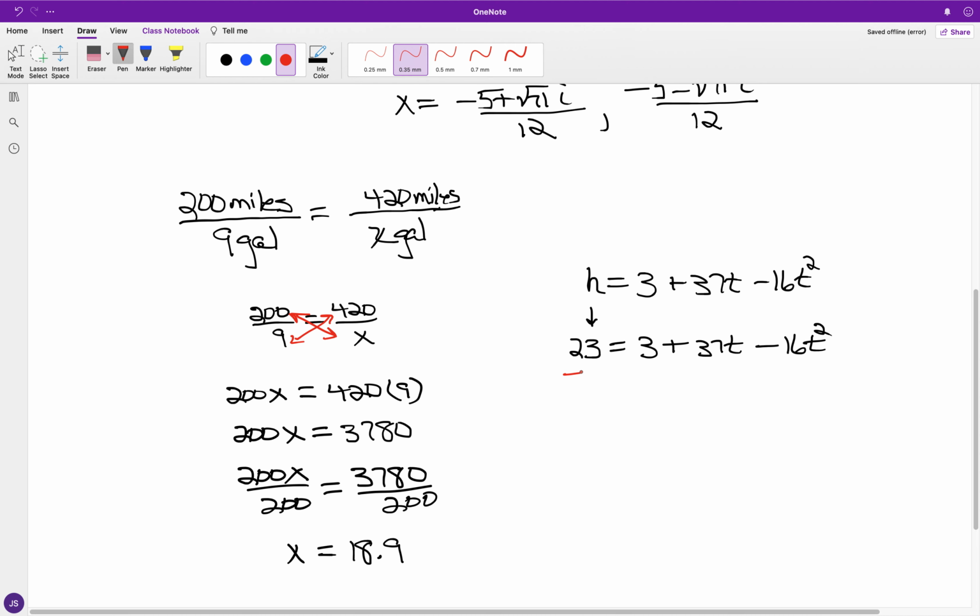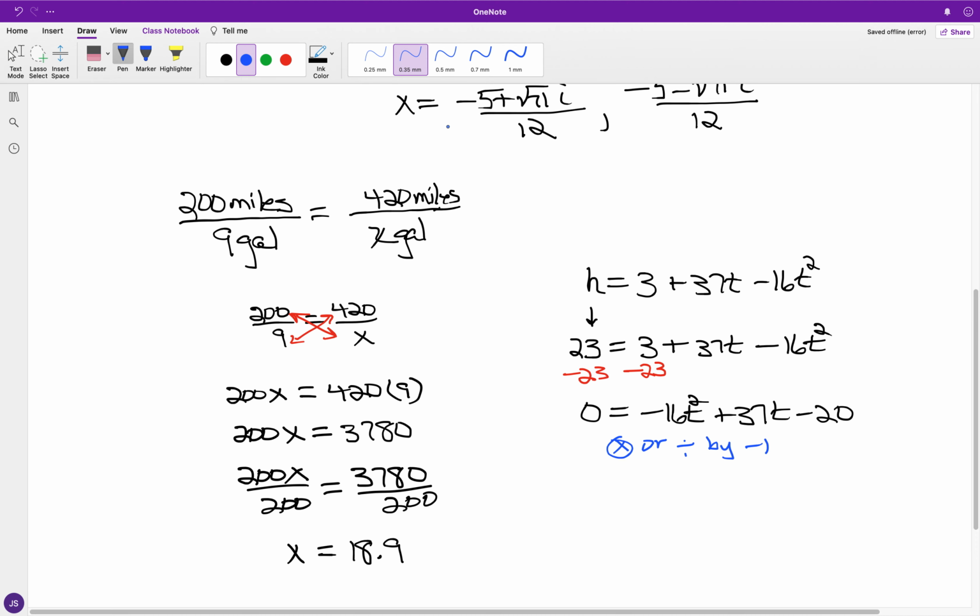And if I go ahead and subtract 23, just to get the formula closer to a quadratic equation in standard form, and rewrite the terms in descending degree order, you have negative 16t squared plus 37t, and 3 minus 23 becomes negative 20. And what I can do here is either multiply or divide by negative 1.